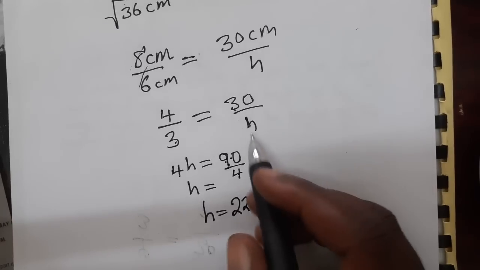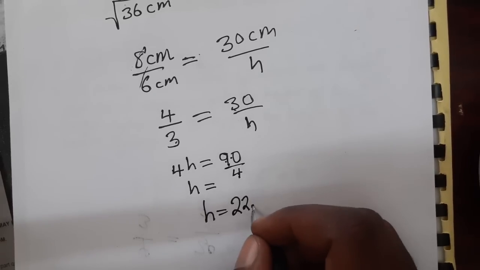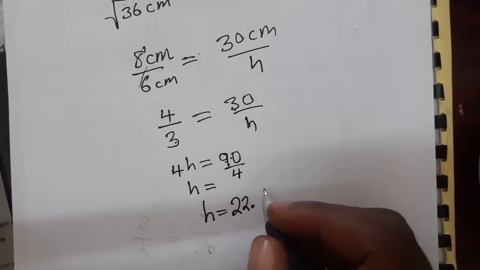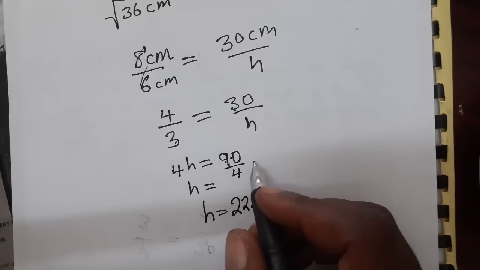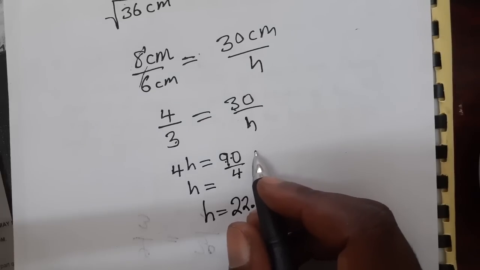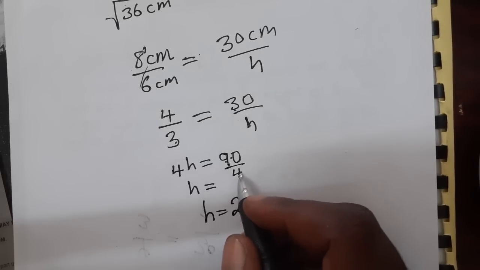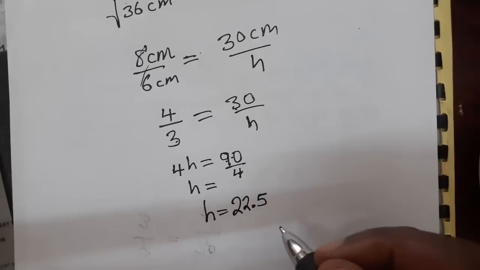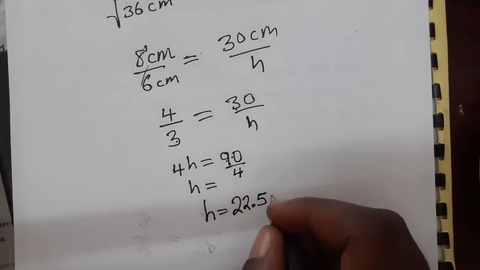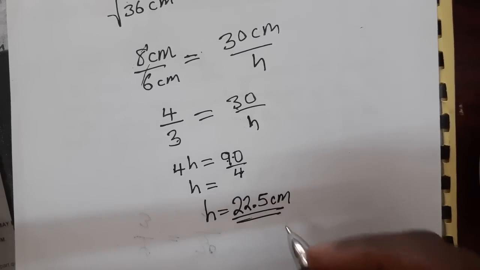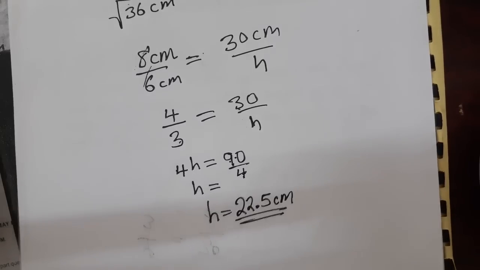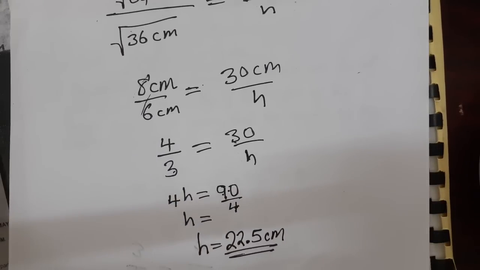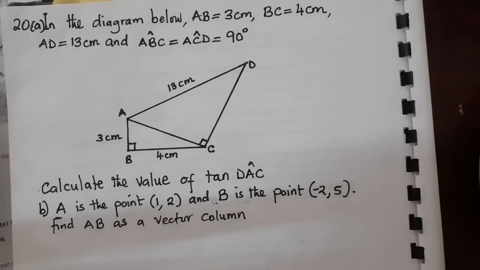Then on that 2, if you want, you can add a 0. When you add a 0, it becomes 20. 4 into 20, you get 5. This is the answer that you are going to get. So let's go to the next one.